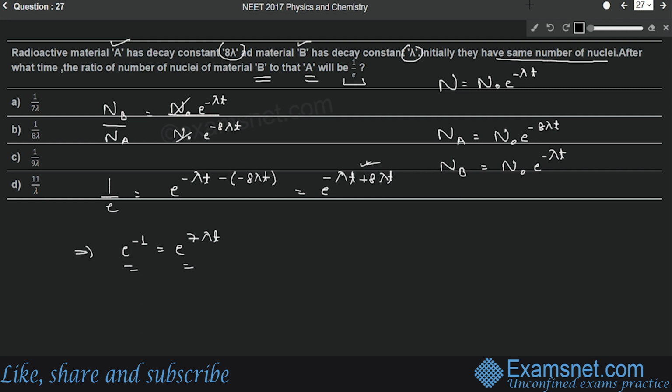Now they have the same base, that is e, so we can say that 7 lambda t equals minus 1. We are relating the powers. We have to find the time t, so t will be equal to minus 1 by 7 lambda. We are getting a negative time which should not happen, but we have to find the most appropriate answer. If we focus just on the magnitude, it will be option A, 1 by 7 lambda, that should be the correct answer.